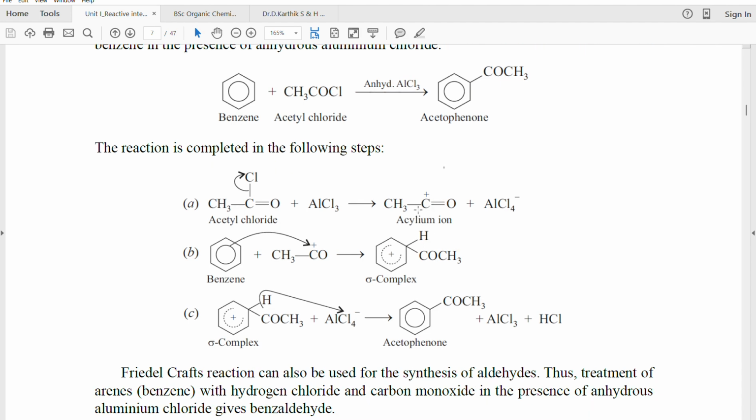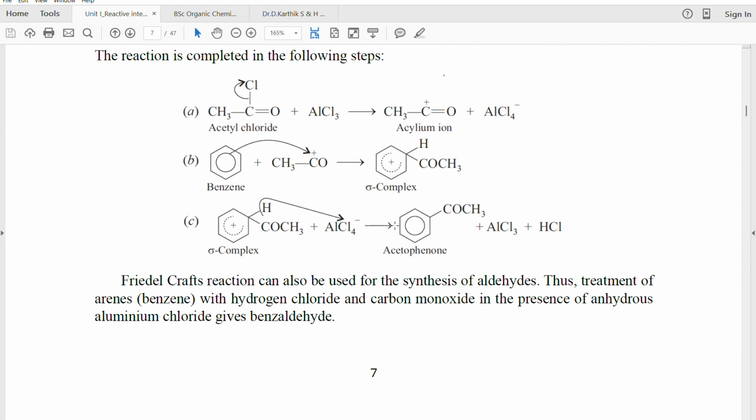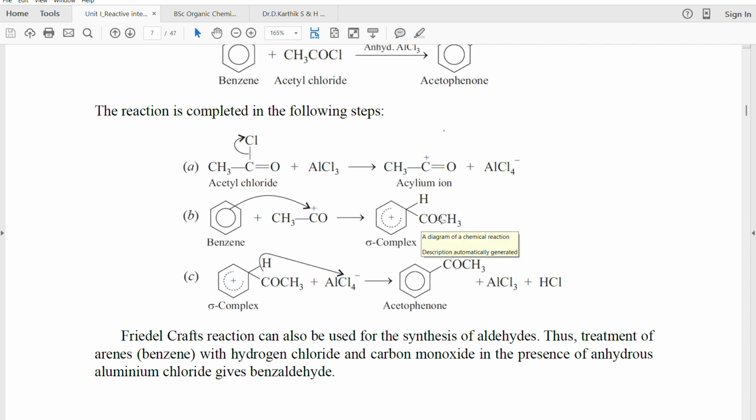This acylium ion acts exactly like a carbocation. So this will be attacked by the benzene ring, which produces acetophenone, that is the aromatic ketone. So this is the Friedel-Crafts acylation reaction.